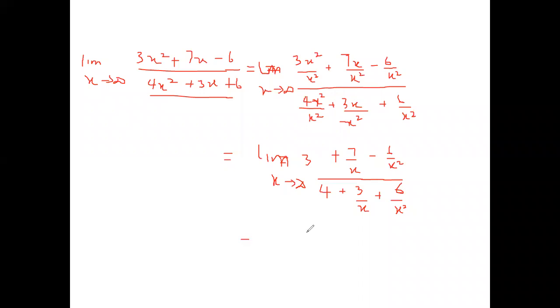That should give us 3 plus 7 over infinity, which is 0, minus 6 over infinity, which is also 0. Then we have 4 plus 3 over infinity, which is 0, and then plus 6 over infinity, which is also 0. So the final answer is going to be 3 over 4. So the final result is 3/4.